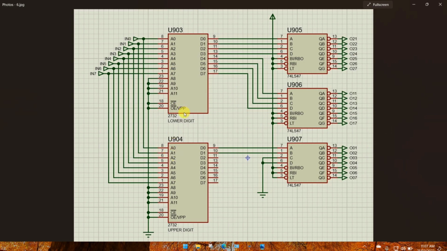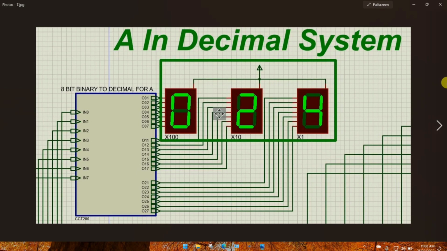It gives the BCD values corresponding to the binary values using its loaded program. Then we use the 7447 IC, which converts the BCD numbers into 7-segment display values. Here we can see that the 7-segment displays are connected according to their hundreds, tens, and units position respectively.